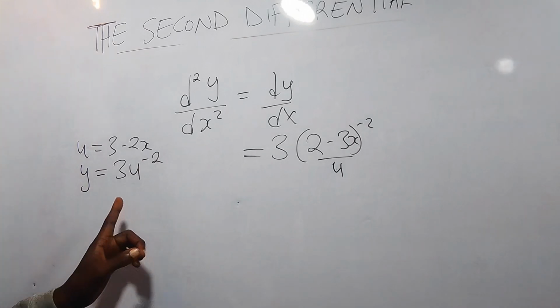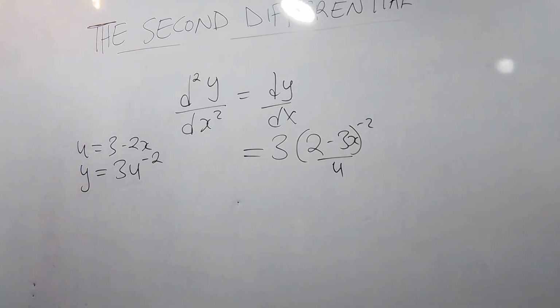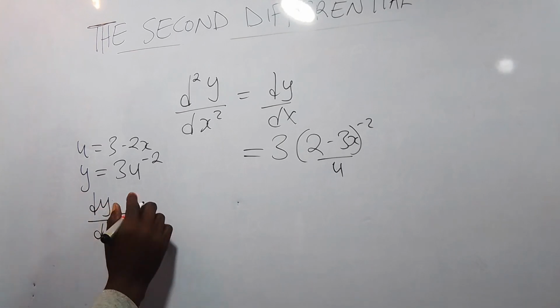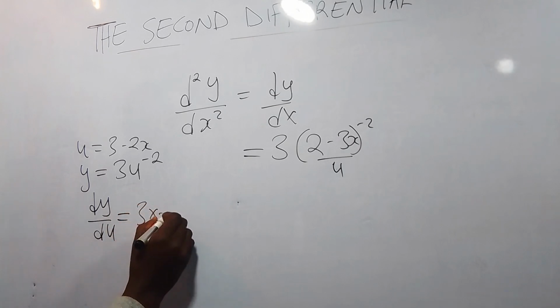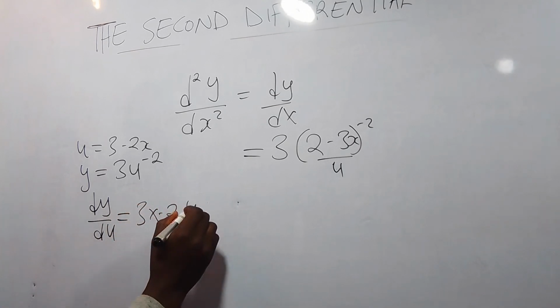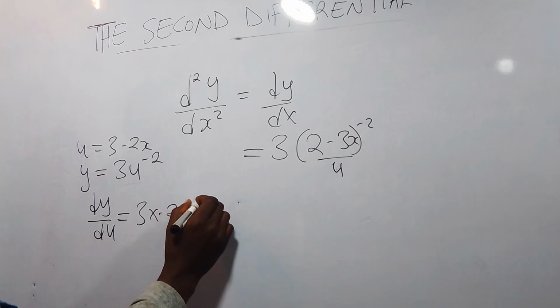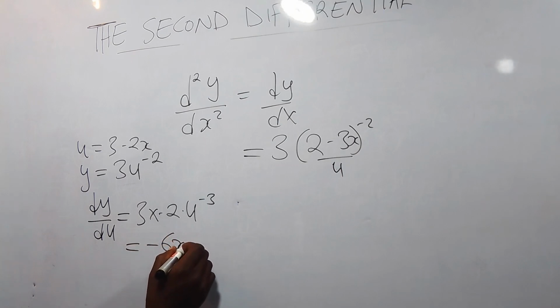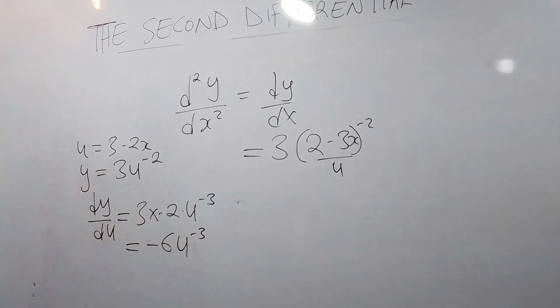Make sure you understand that. So from there, dy over du is going to be 3 multiplied by negative 2, and then u to the power negative 3, so this is negative 6u to the power negative 3.